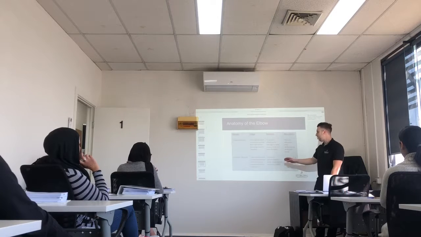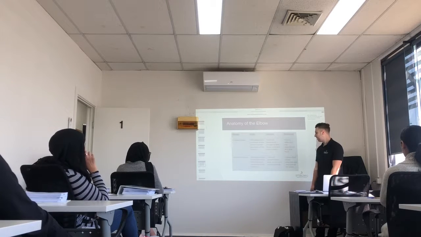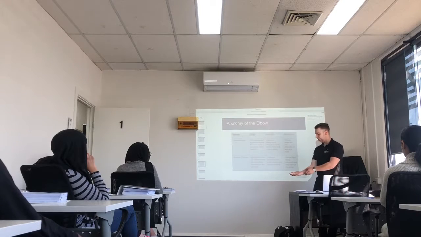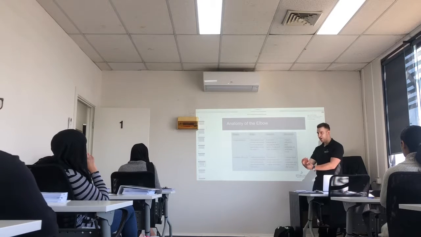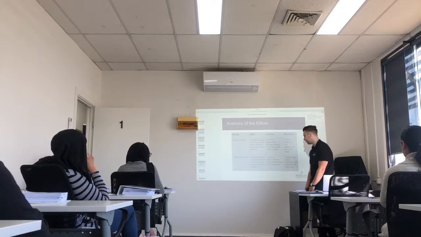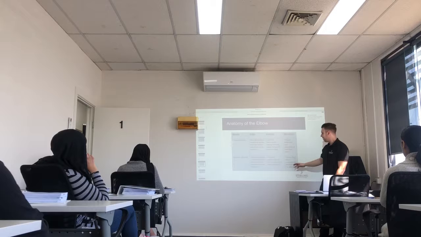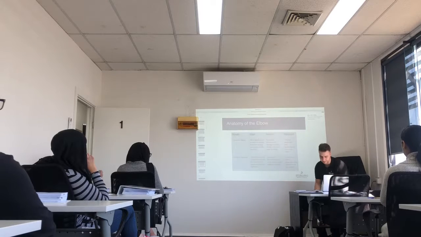For insertion, there are common attachments to the wrist, the distal end of the radius and hands. So the distal end of the radius, on that radial side of the hand as well. Normally the movements are extension and abduction of the wrist. Extension, and then abduction will be taking away.